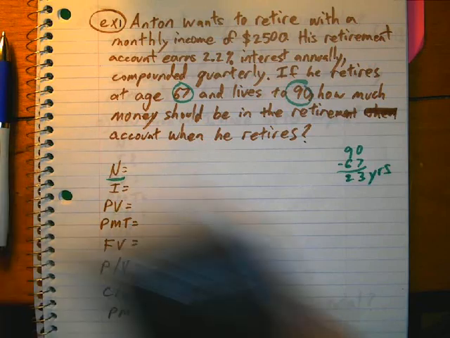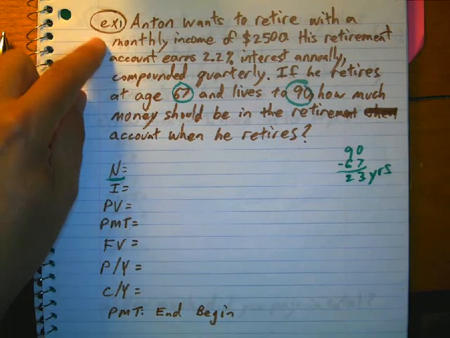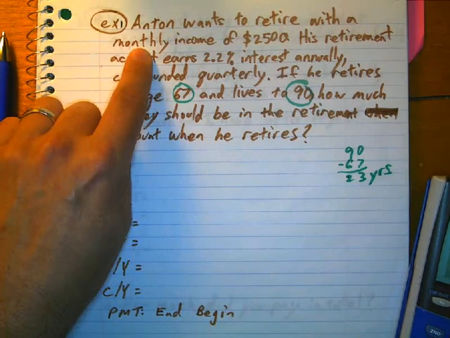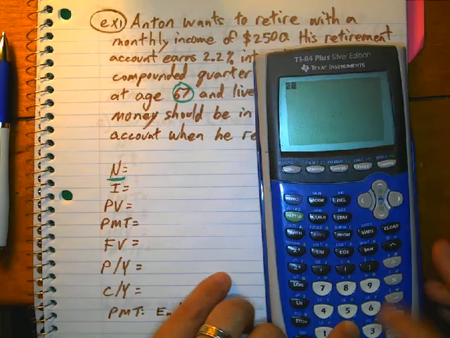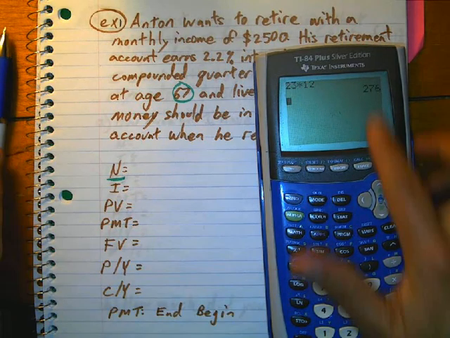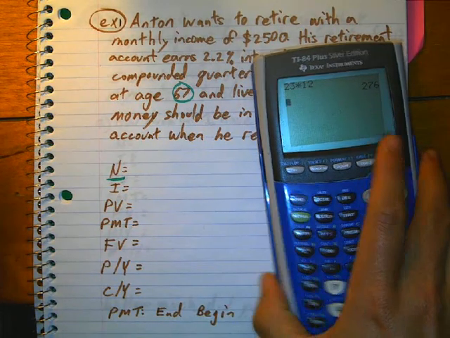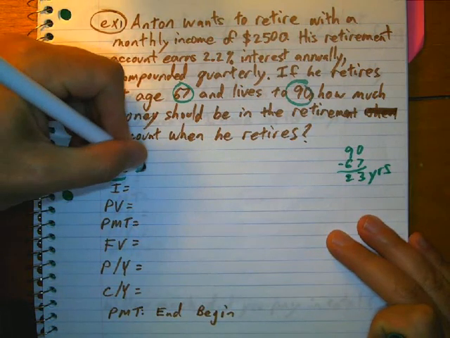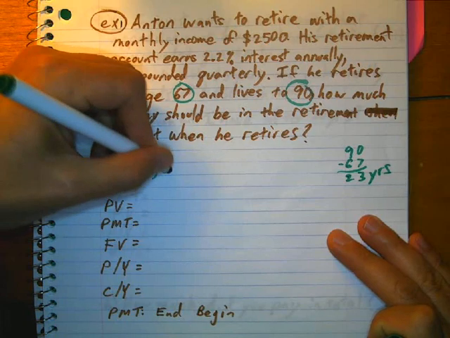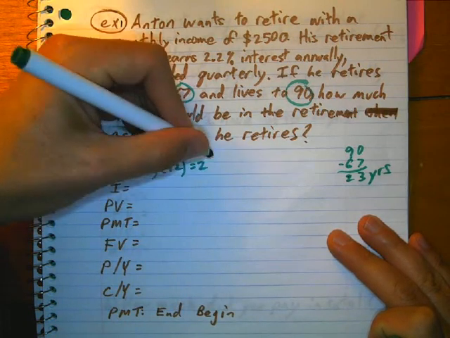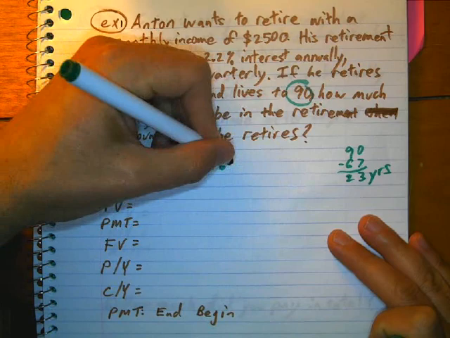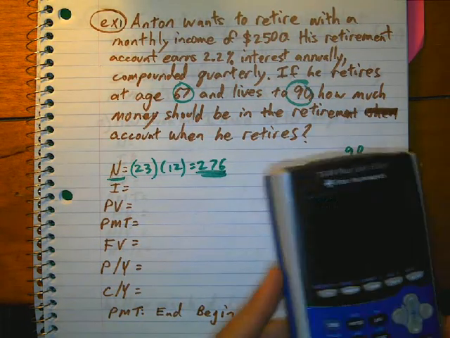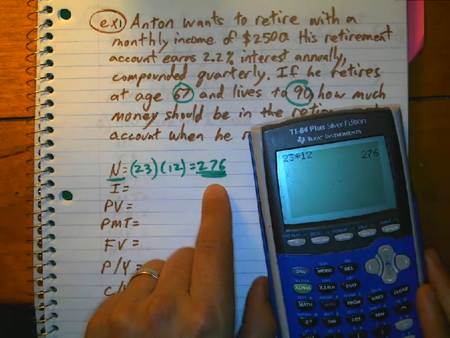He wants a monthly income, right? So 23 times 12 is going to be 276 months. So 23 times 12, that's going to be 276 payments, or times that it's going to be compounded.